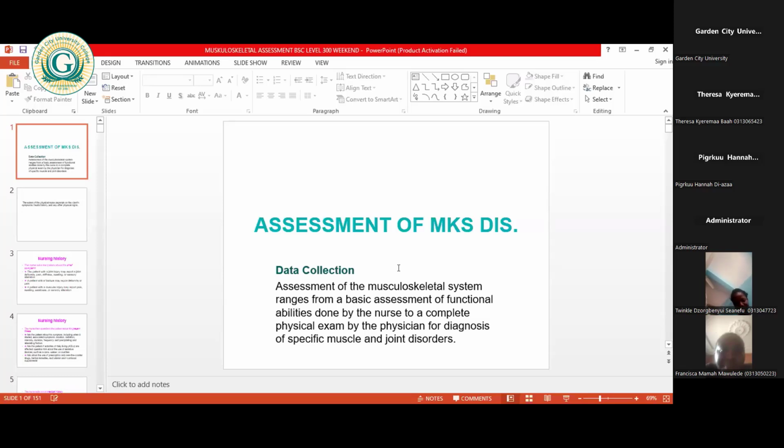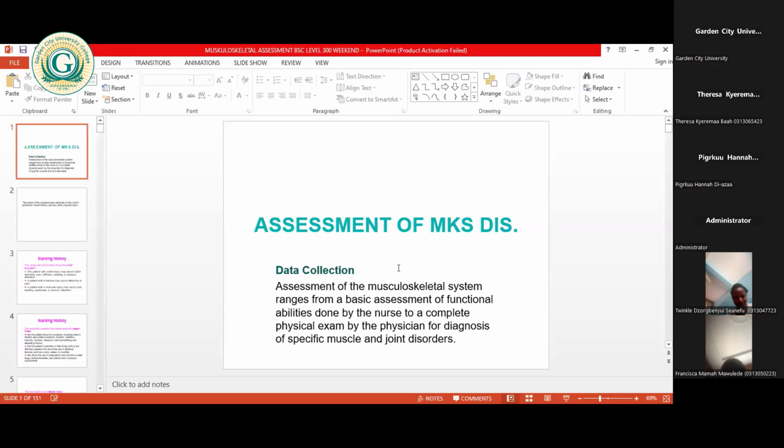You are going to assess, basically, from basic assessment of functional abilities done by the nurse. We have various forms of assessment, but for functional abilities, for example, you ask the patient to raise up your hand, stretch your arm, lift your head, turn to the left, turn to the right, bend down, stretch up.